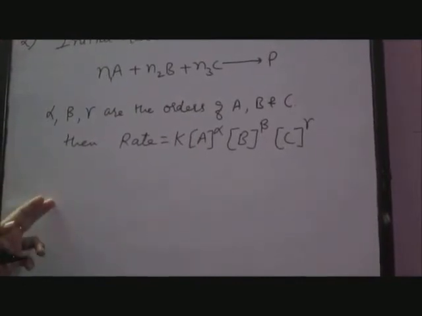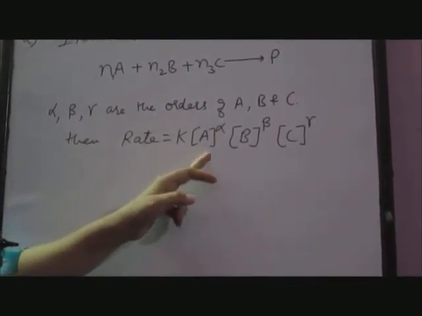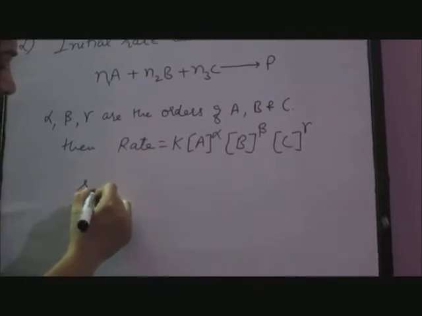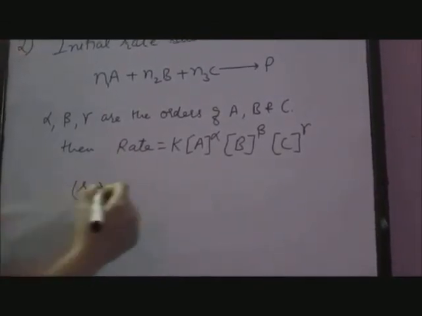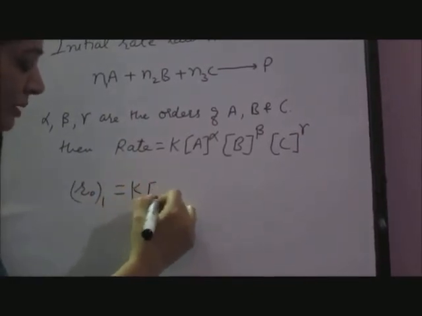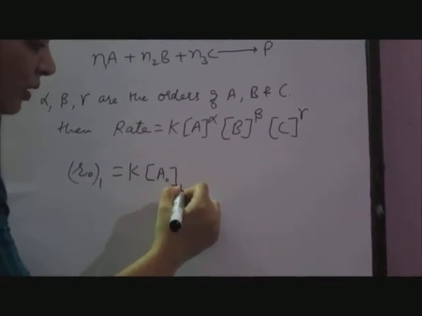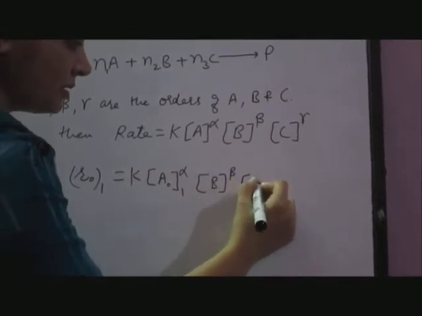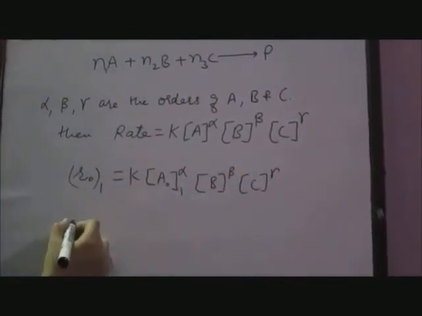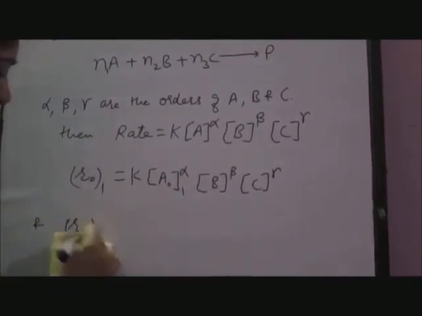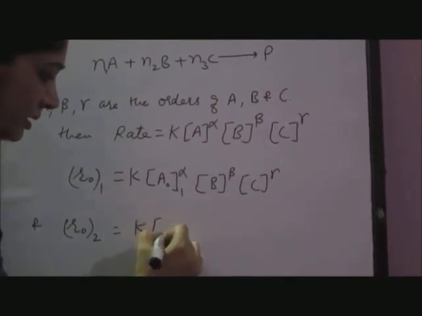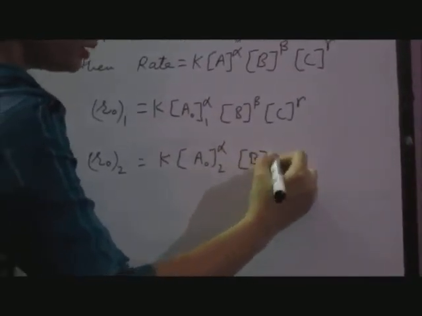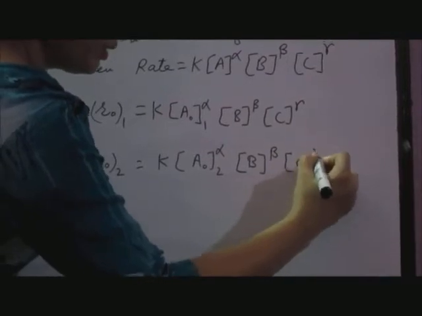Starting with two initial concentrations with respect to A, keeping the concentration of B and C constant, we get rate R1 is equal to K into [A]0,1 alpha [B] beta [C] gamma, and rate R2 is equal to K [A]0,2 alpha [B] beta and [C] gamma.